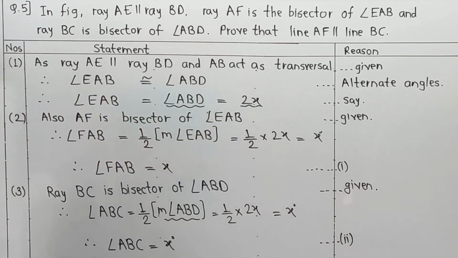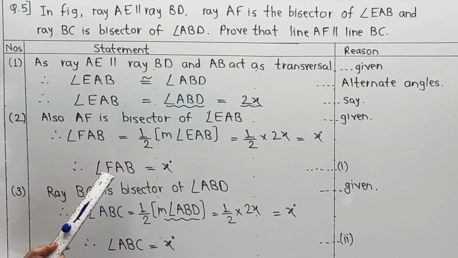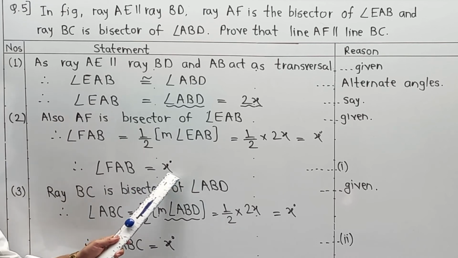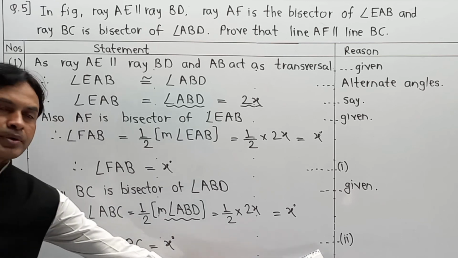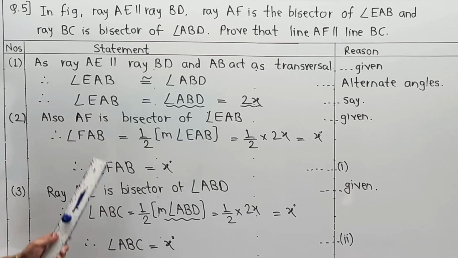Now observe carefully equation number 1 and equation number 2. The value in equation 1 is x degrees, that is angle FAB. The value of angle ABC is also x degrees from equation number 2. Now x equal to x, naturally angle FAB equals angle ABC.